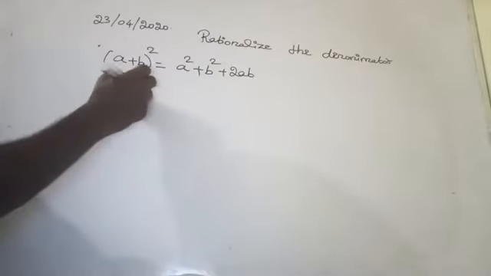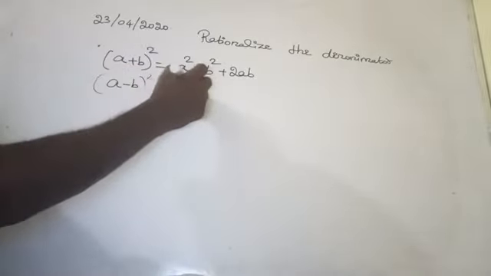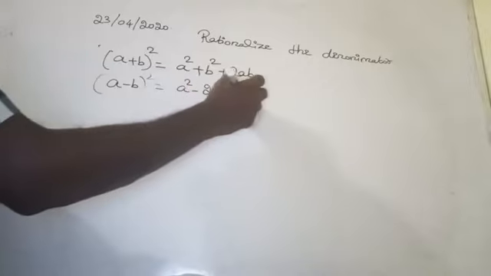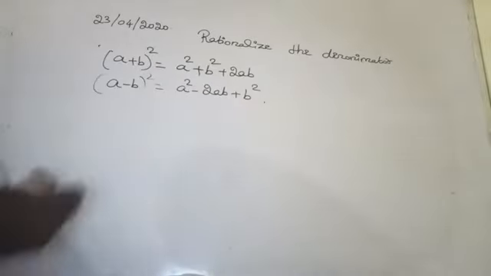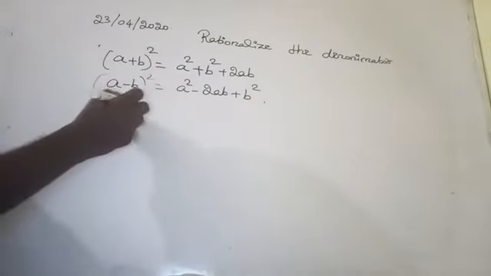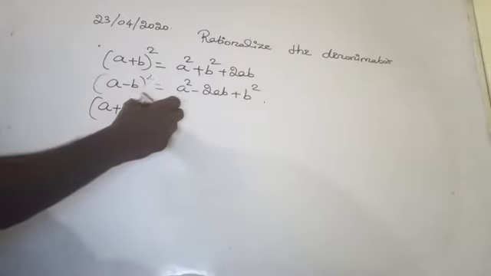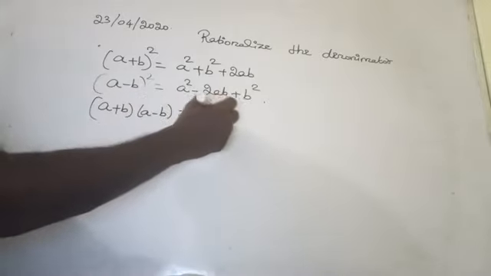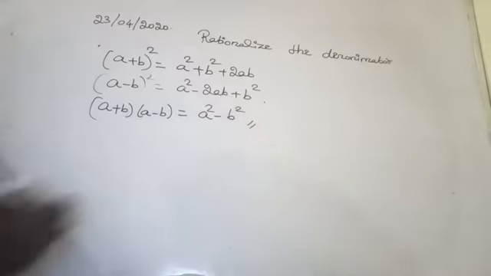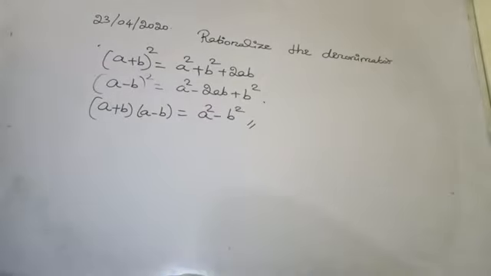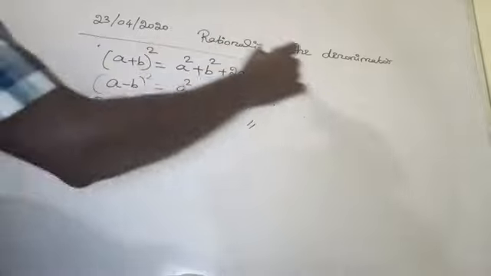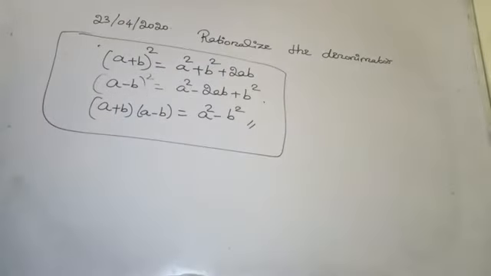A minus b the whole square is a square minus 2ab plus b square. Then a plus b into a minus b is nothing but a square minus b square. Otherwise, a square minus b square can be written as a plus b into a minus b. These three identities are very, very important. Please remember. And then, shall we move?